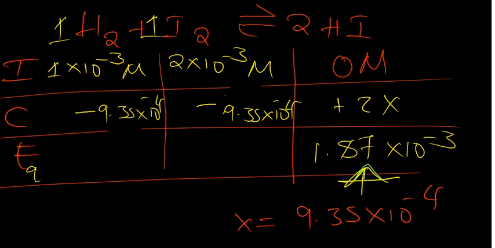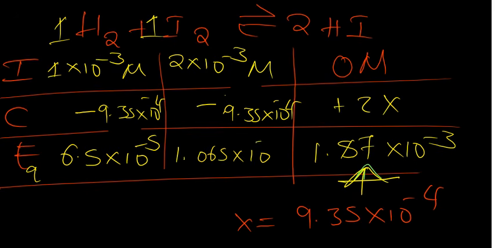I'm getting 6.5 times 10 to the power negative 5. And then the other one, that is 2 times 10 to the power negative 3 minus 9.35 times 10 to the power negative 4. I'm getting 1.265 times 10 to the power negative 3. So this is what we have as our equilibrium concentrations.